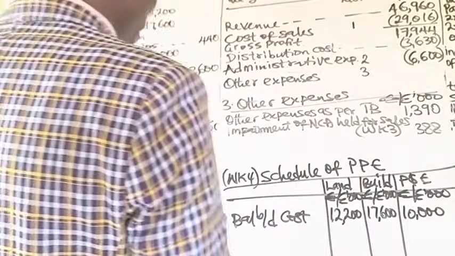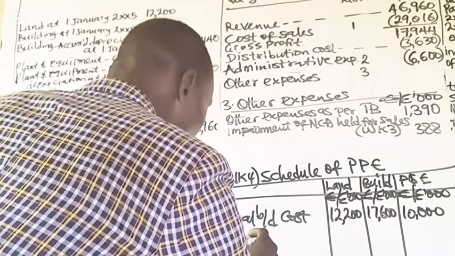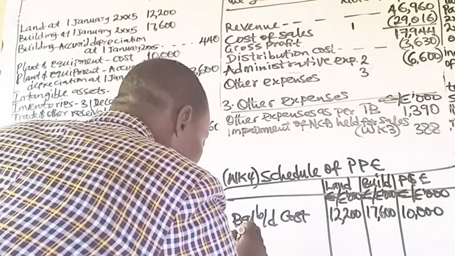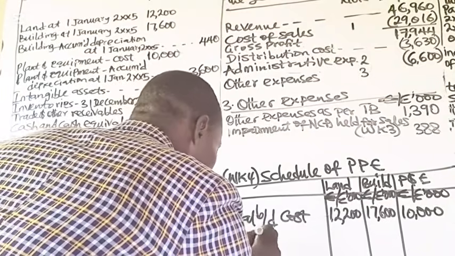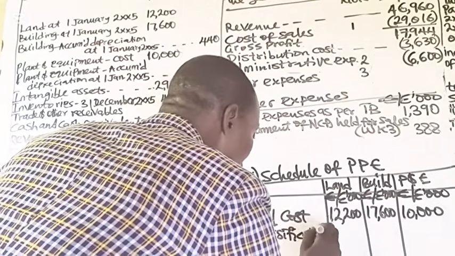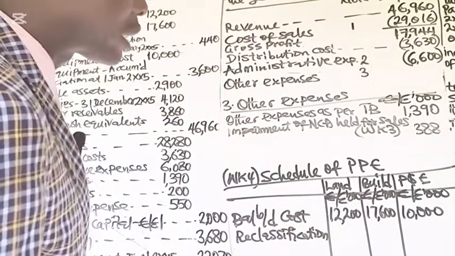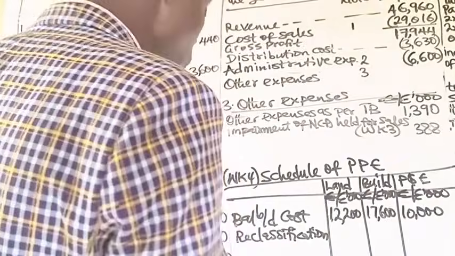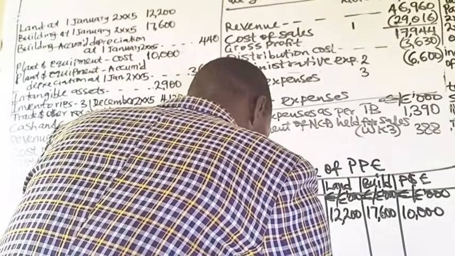We have the reclassification. The plant and equipment which was reclassified as held for sale in note 2, additional information number 2.